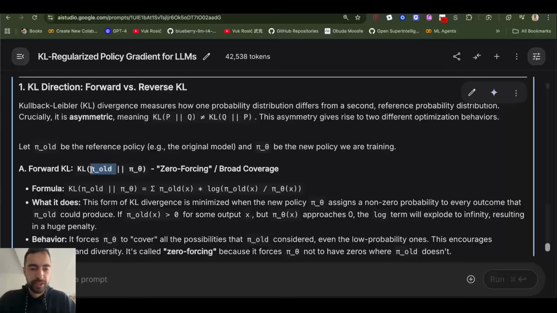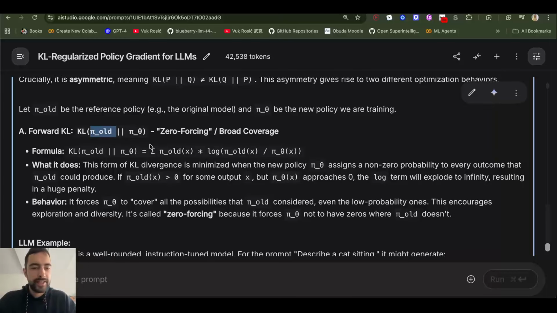And this formula looks kind of complex, but it just says the new policy should assign non-zero probability to every single class that the old policy has some probability for. If the old policy had some class with some probability, and for that class the new policy assigns 0 probability, then there will be huge divergence.